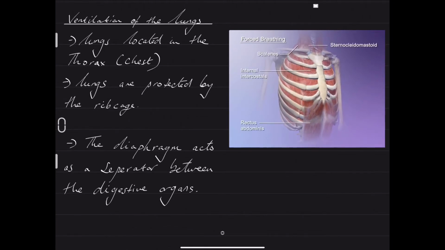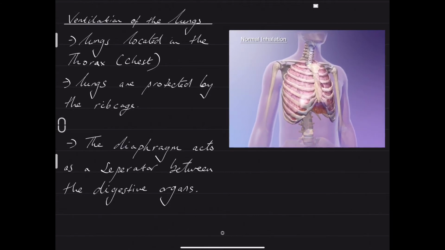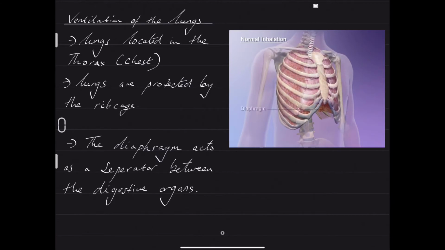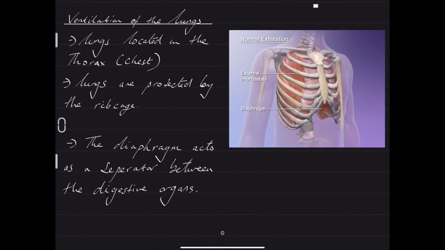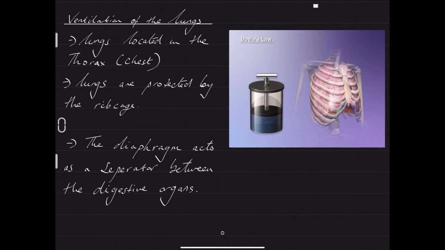Now, this diaphragm is a strong sheet of muscle, and when you're breathing in and out, this diaphragm will actually change its position. And by the changing of its position, it causes air to move in and out, which we will come on to later on. You will see how air moves in and out based on how the diaphragm and the rib cages are moving together in coordination.